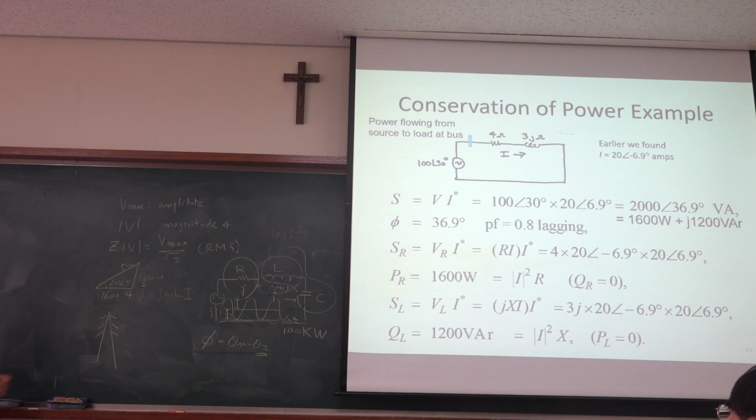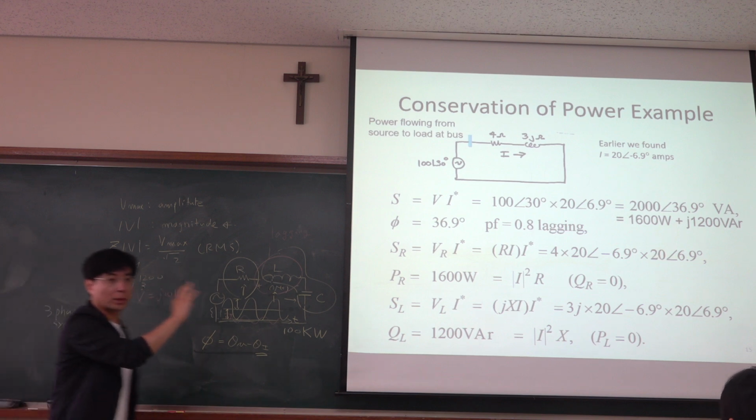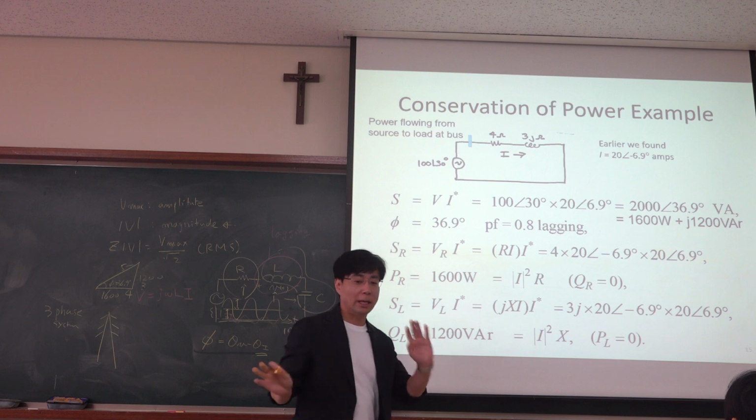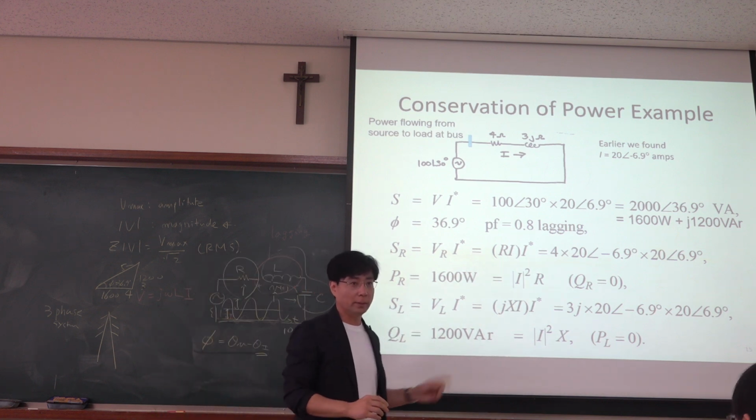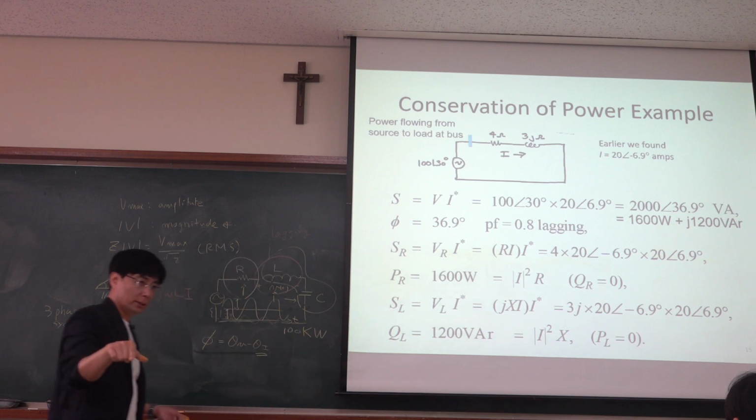The reason is that maybe on Thursday, we'll talk about the 3-phase system. Now we are only talking about a single-phase system. Actually, I didn't say it before, but we have been talking about a single-phase system. We will go to the 3-phase system, okay?